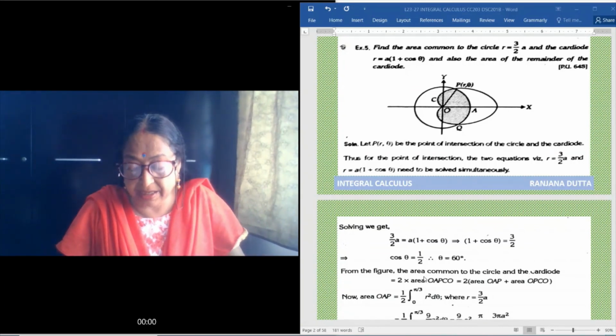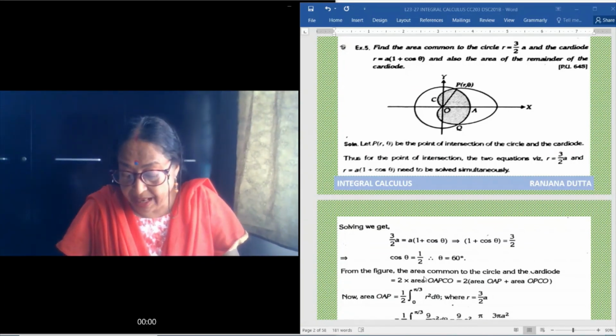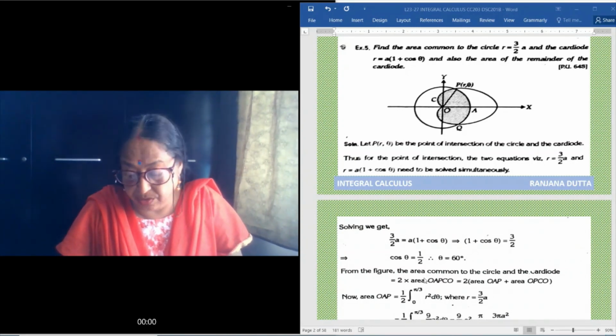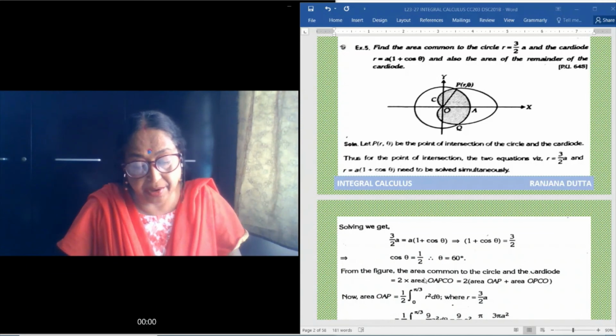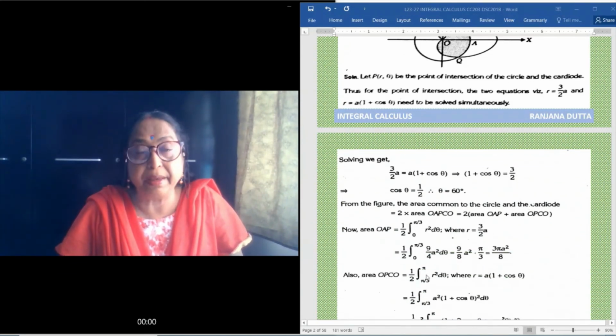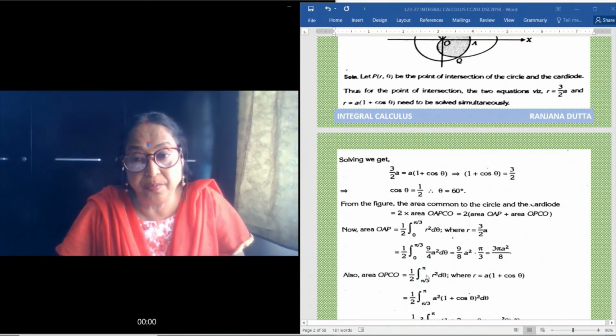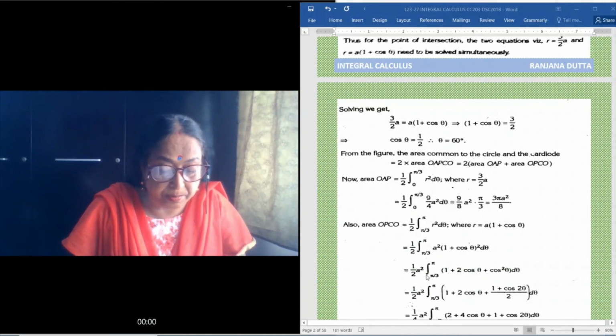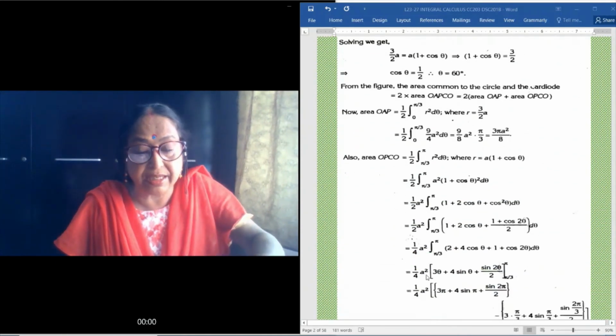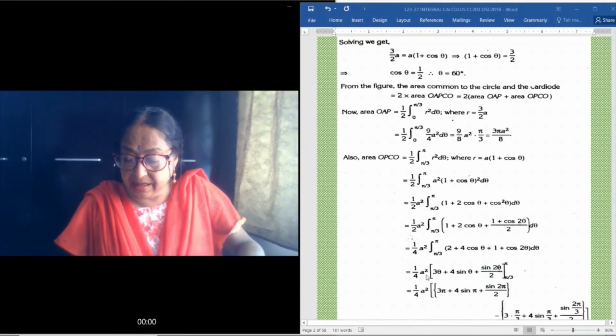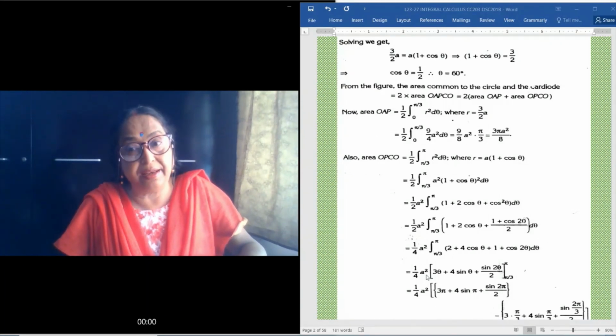It is in the circle, and after that it is the cardioid. So for the cardioid we put the limit pi by 3 to pi, and then putting the limit and calculating, we get the value of the common area.